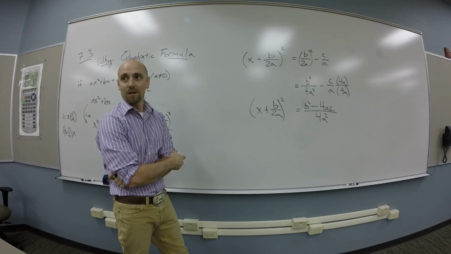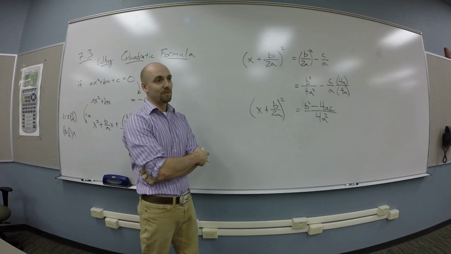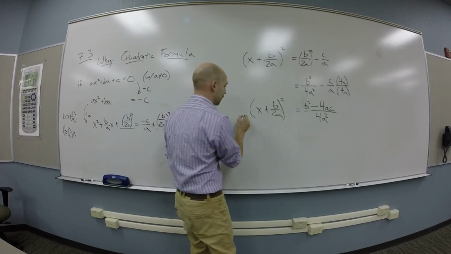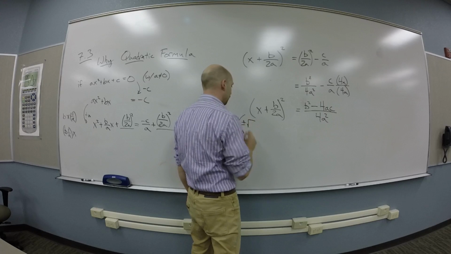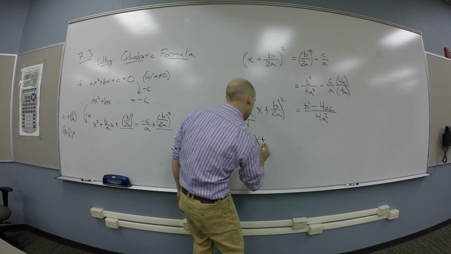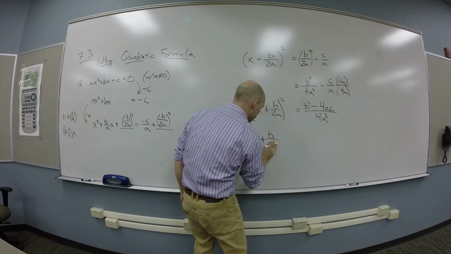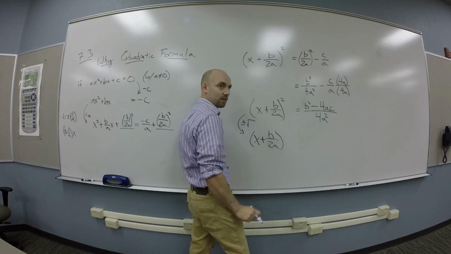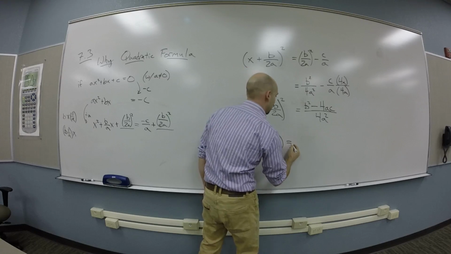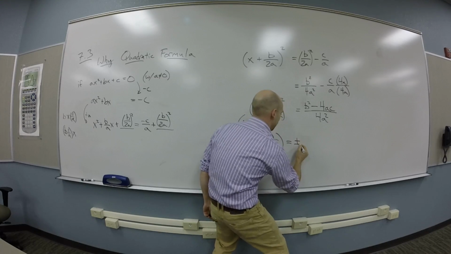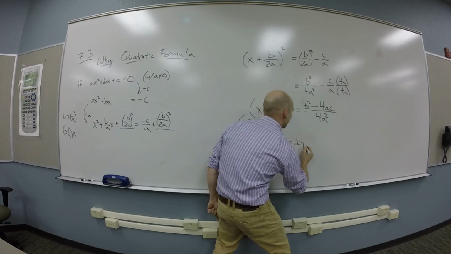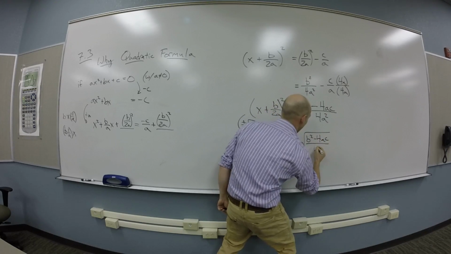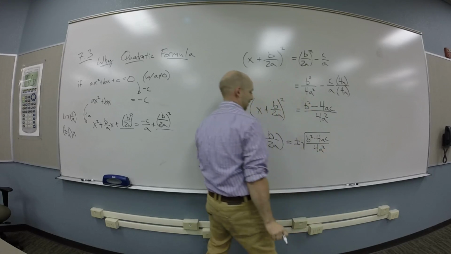You can extract the root. Okay, so what's my first step extracting roots? Do plus or minus square root on both sides. So I get x plus b over 2a, right? This whole thing is plus or minus the square root of b squared minus 4ac over 4a squared.